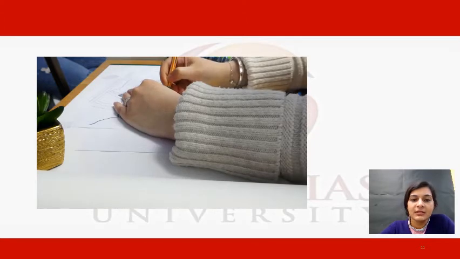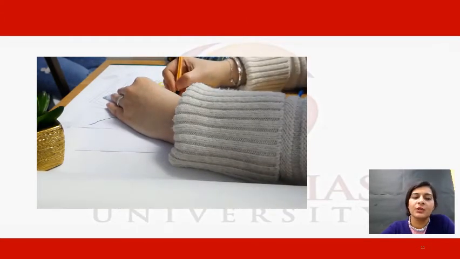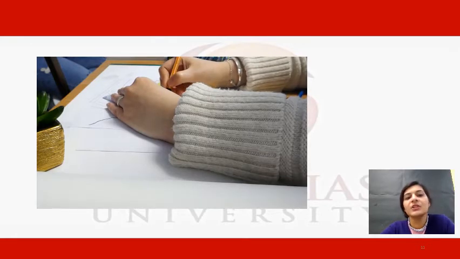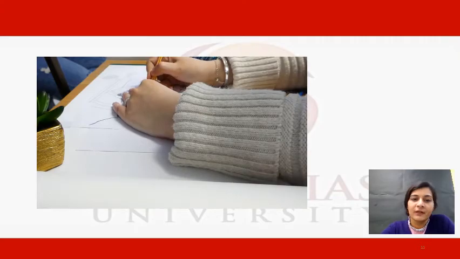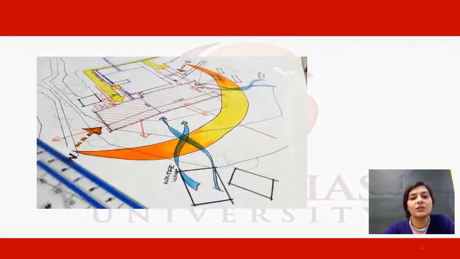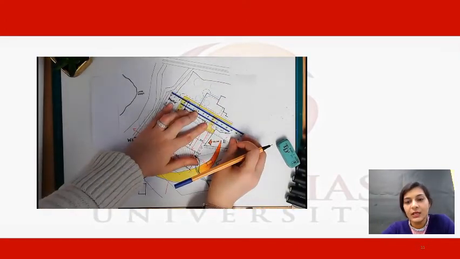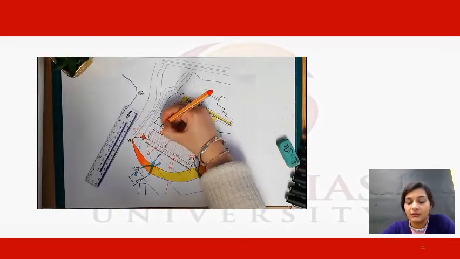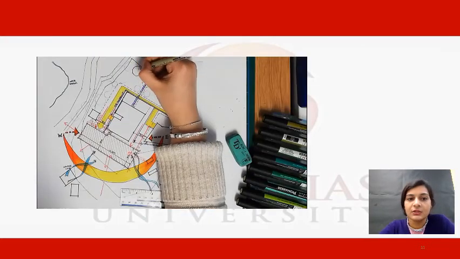Then after marking these things, you should highlight your presentation and mark the circulation area. Circulation area is always marked in yellow color. We mark circulation in yellow to differentiate between the circulation and sun path, because both are in yellow color; we make the sun path somewhat different from the circulation.